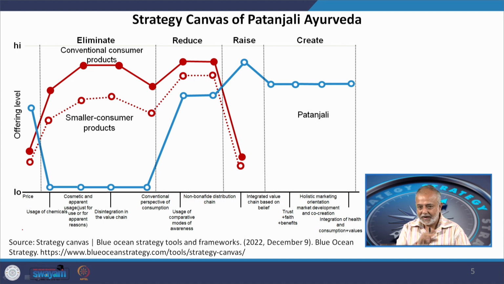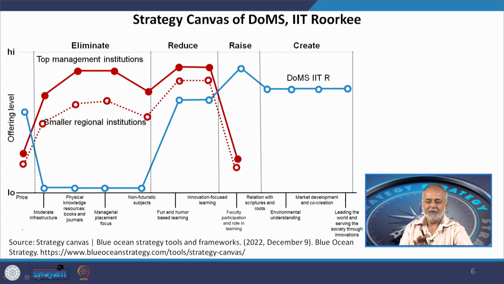So, let us see how we can further simplify this thought process. I will give you a demonstration of how we look at the Department of Management Studies of the Indian Institute of Technology, Roorkee, where I belong. We also systematically thought of a blue ocean perspective while positioning our department.